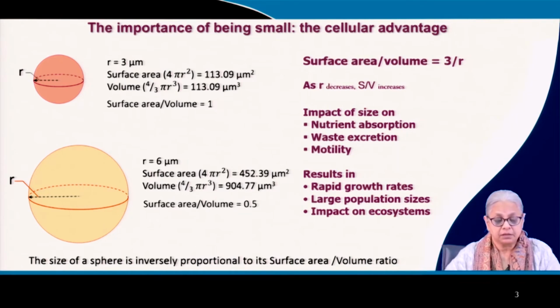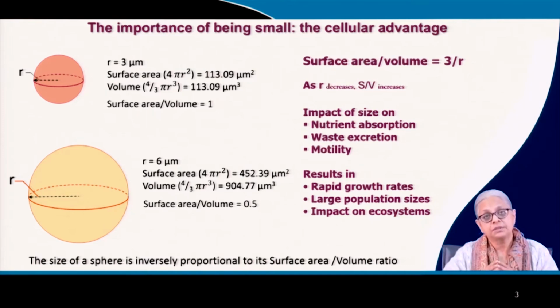Now surface area divided by volume in the first case is 1, and in the second case the ratio is 0.5. So what does that mean? If the organism is bigger, then the surface area to volume ratio is less.